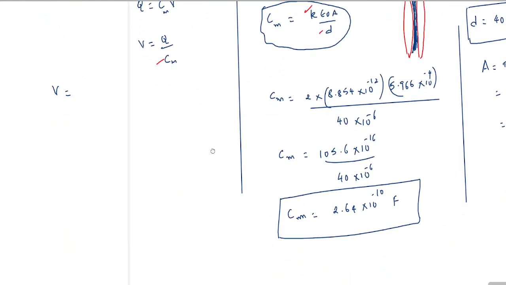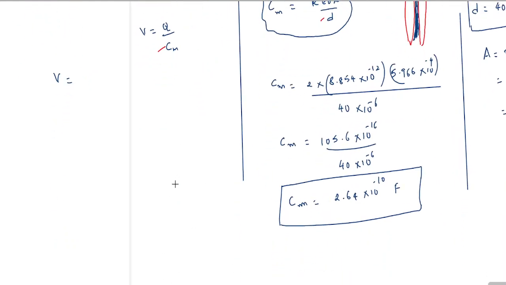So Q here is charge on any one plate, which is 0.5 into 10 power minus 9, because it is nanocoulomb, by V was 2.64 into 10 power minus 10.